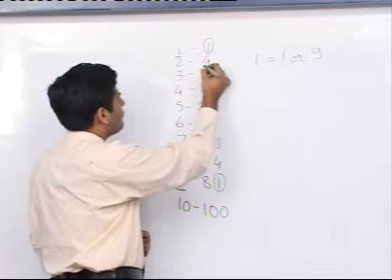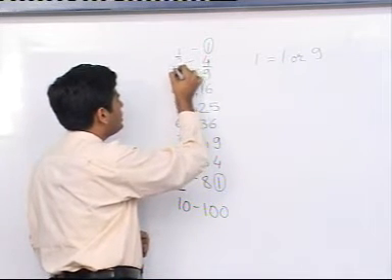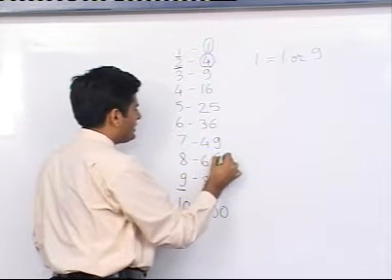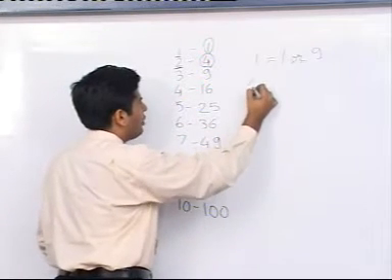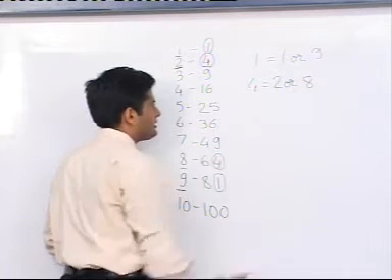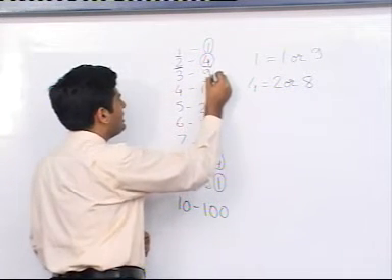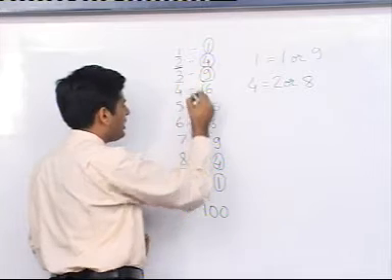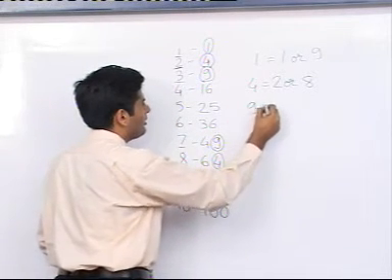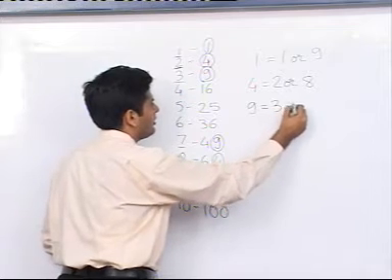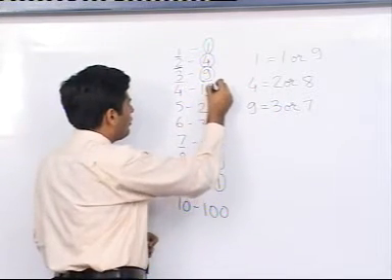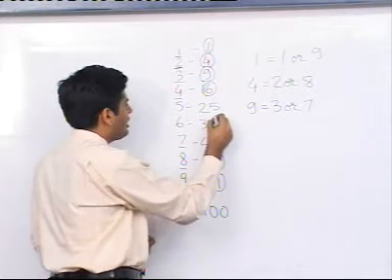If the number ends in 4, square root ends in 2 or it will be 8. So for 4 it is 2 or 8. For 9 it will be 3 or 7. For 6 it will be 4 or 6.